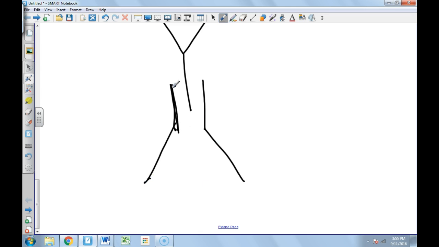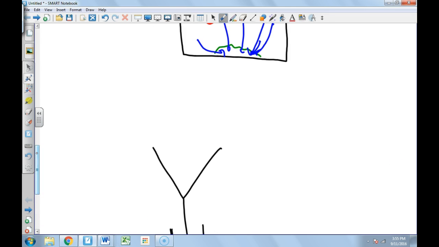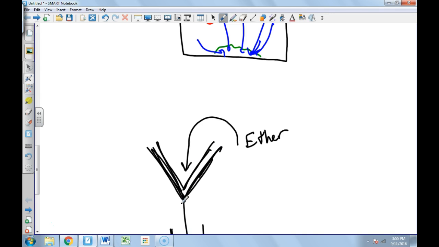It would be really good if you filtered into a round bottom flask, then you don't have to transfer it as much. You're going to fold filter paper, and then wet the filter paper with a little bit of the solvent, ether, to seat it. That seats the filter paper onto the funnel. This is just a regular glass funnel.